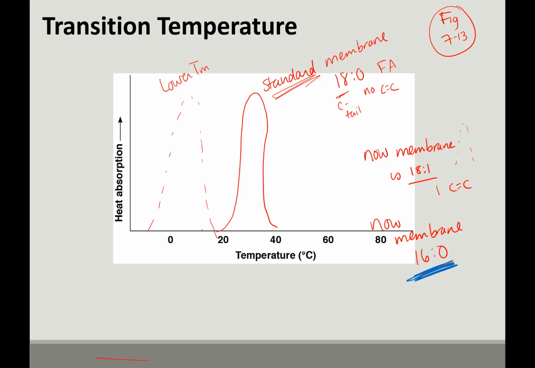So here is our 16:0 diagram. So we've shifted the temperature a little bit, not a lot compared to when we introduced that carbon-carbon double bond. I'm not going to ask you for exactly how many degrees it changed by, but for drawing these relative to one another, so that I know that you know how different types of molecules affect the transition temperature.